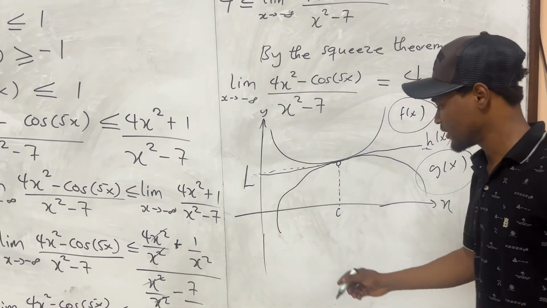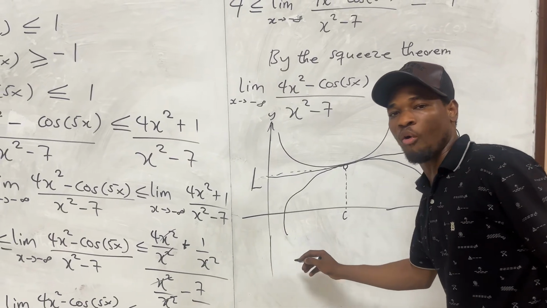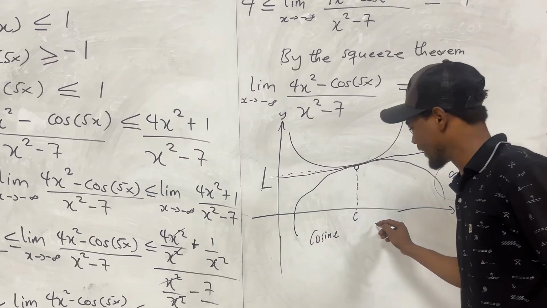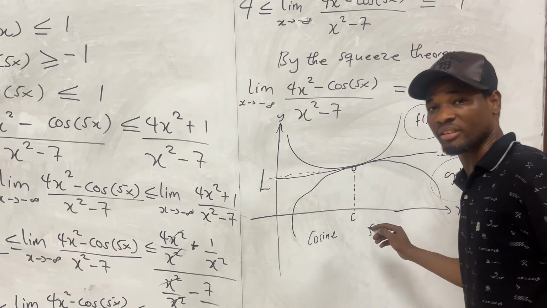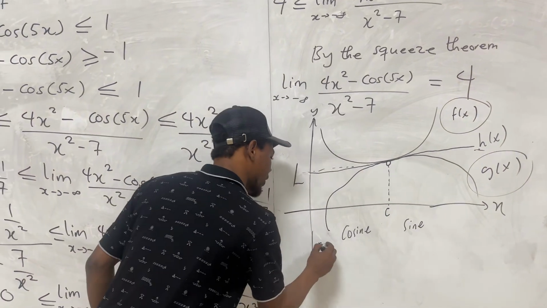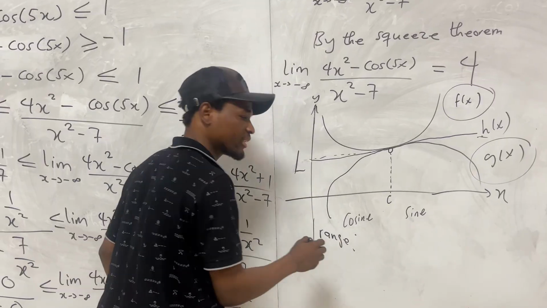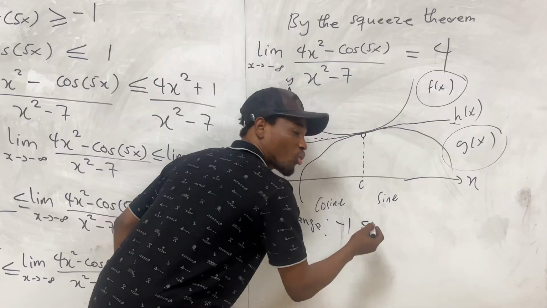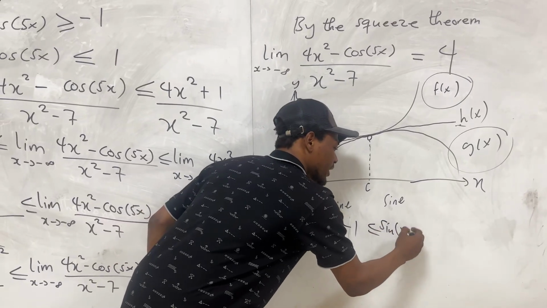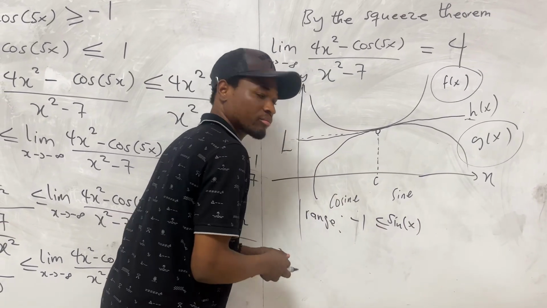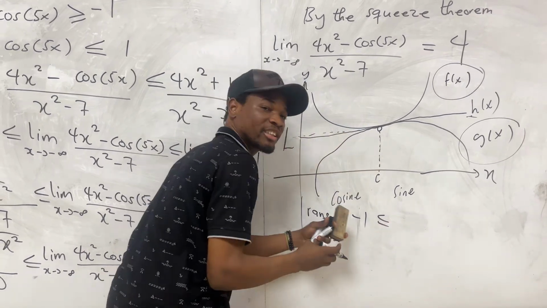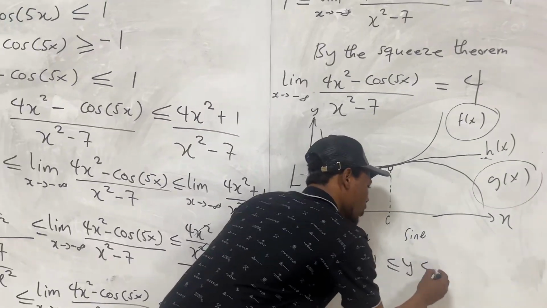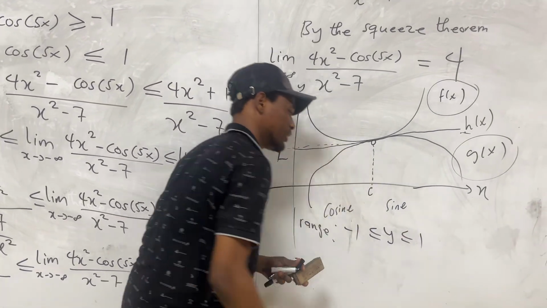Also note this: the range for the cos function is the same as for the sine function. So the range is -1 less than or equal to sine x, or in this case, -1 less than or equal to y, less than or equal to +1.